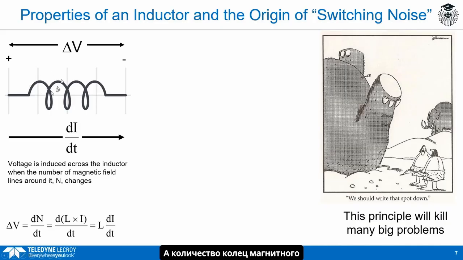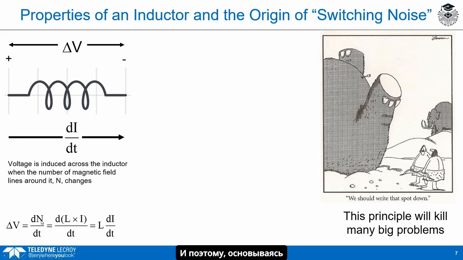How many rings we get around the conductor is related to the current going through the conductor and the efficiency of turning current into rings of magnetic field lines. And that's what inductance fundamentally is.